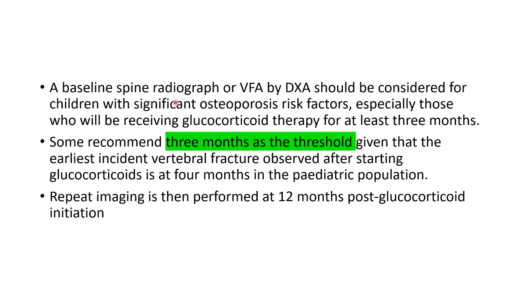Baseline spine radiograph or VFA or DEXA should be considered for children with significant osteoporosis fracture risk, especially those who will be receiving glucocorticoid therapy for at least 3 months. Some recommend 3 months as the threshold, given that the earliest incident vertebral fractures observed after starting glucocorticoids is at 4 months in the pediatric population. Repeat imaging is then performed at 12 months post glucocorticoid initiation.